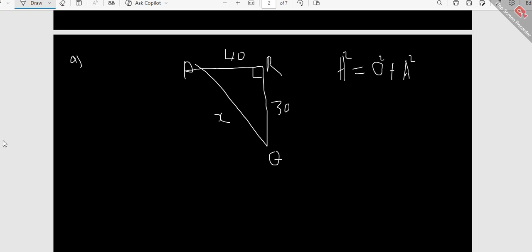It means that if you square this hypotenuse, it should be equal to the square of this plus the square of this. So now since our hypotenuse is x, it implies that x squared is equal to 40 squared plus 30 squared.